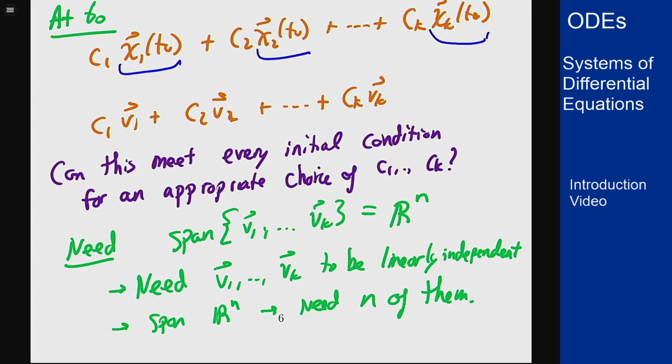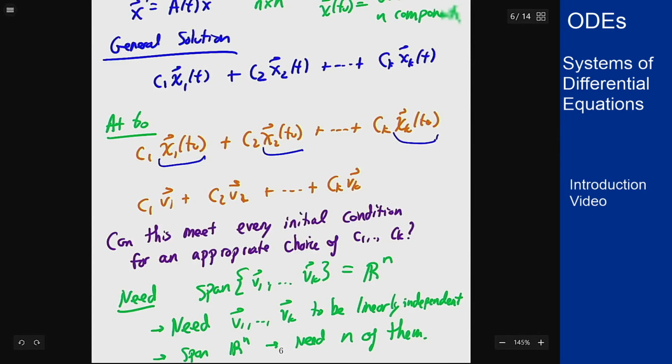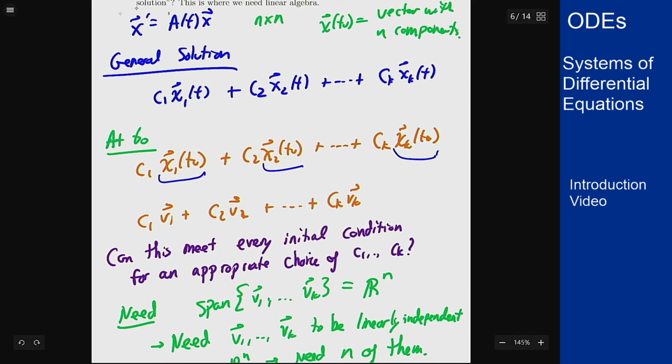If we have that fact, then we can justify that this expression is a general solution to this homogeneous system, because I have enough solutions to meet every initial condition, and they all solve the problem. That's the idea of a general solution for these systems.